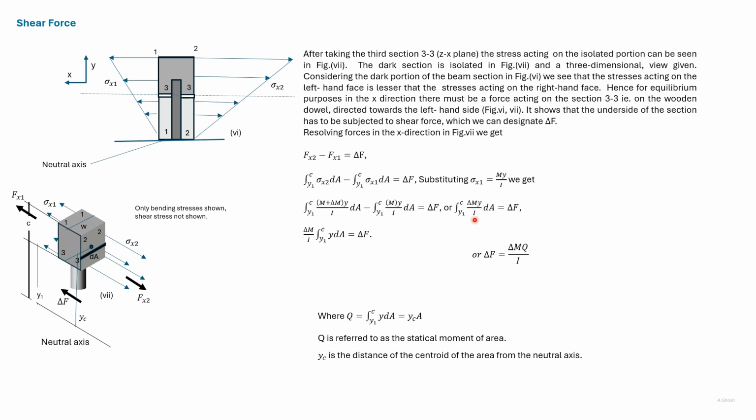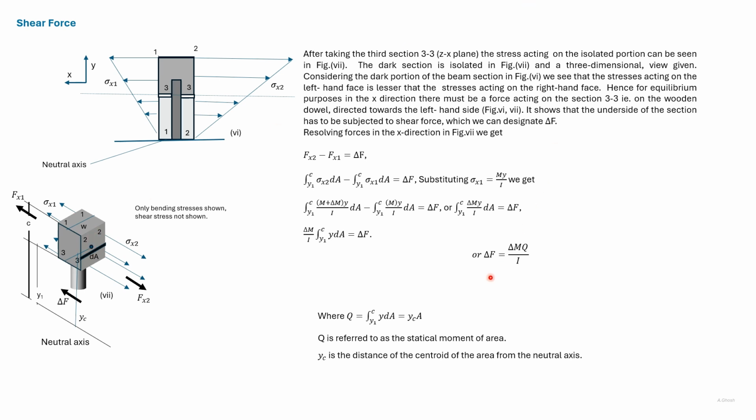Subtracting, we get del M by I, integral of y dA from y1 to c, is equal to del F. We have taken del M by I outside the integration sign here. Now the integral of y dA from y1 to c is the statical moment of this area.